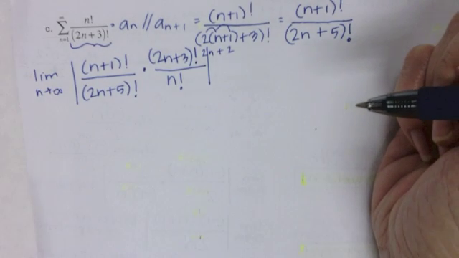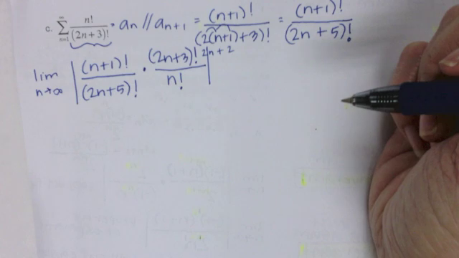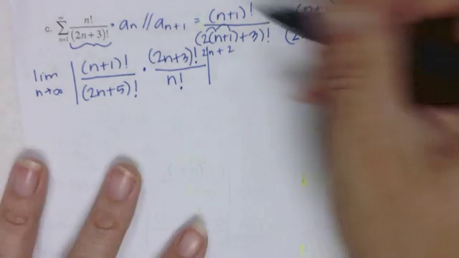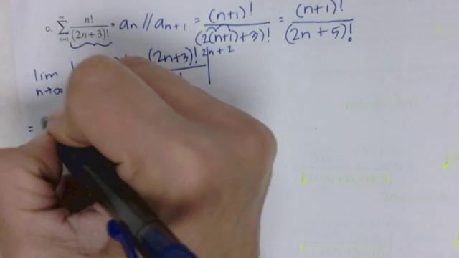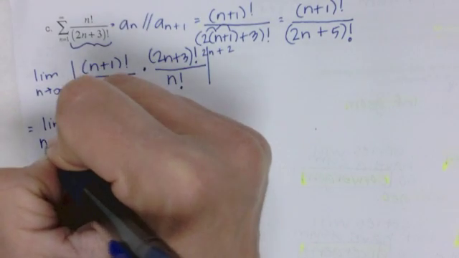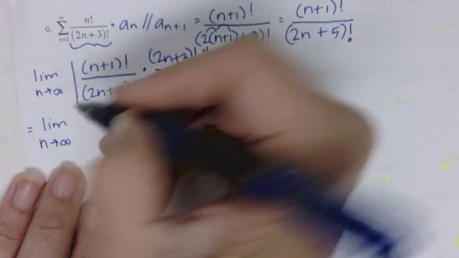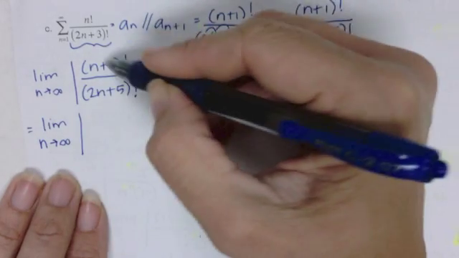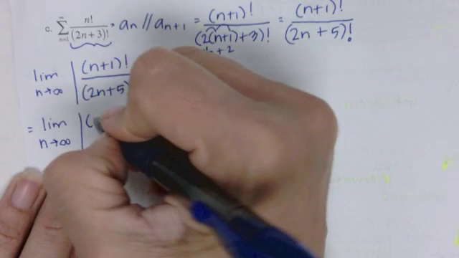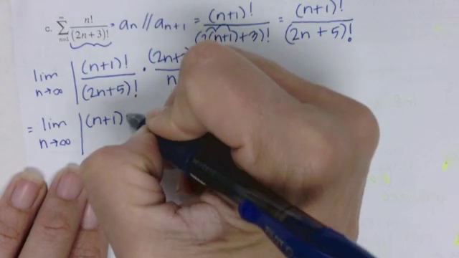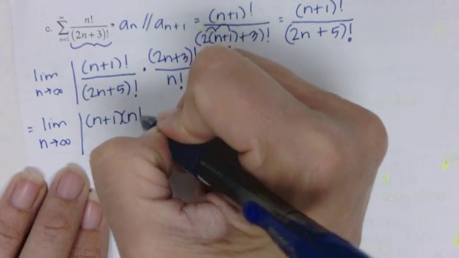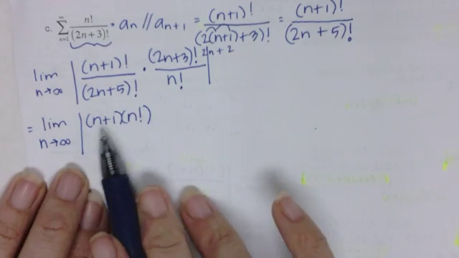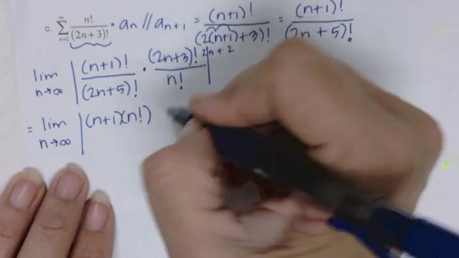Now we don't have to worry about simplifying exponents, but we do need to worry about how to simplify factorials, and we did this in a previous lesson. In fact, I think it was 10.1. So this one is bigger than this one, so we're going to write this as n plus 1, and then that's going to be n factorial. So that means the same thing, I just subtracted 1.